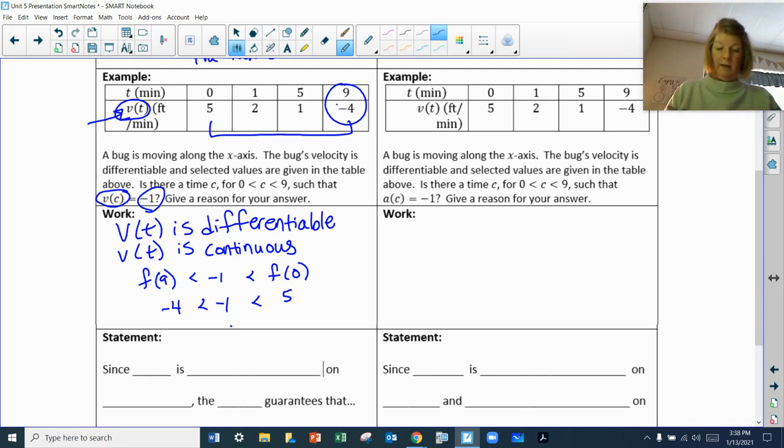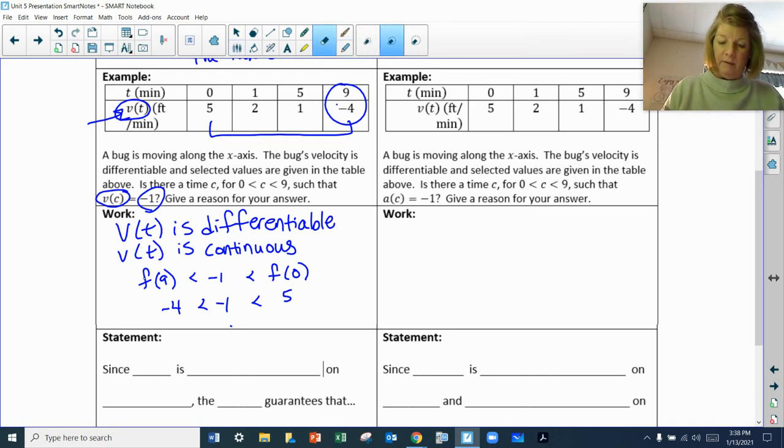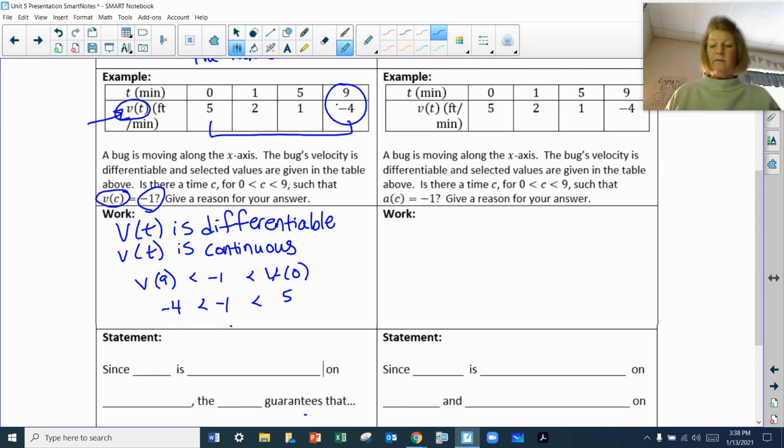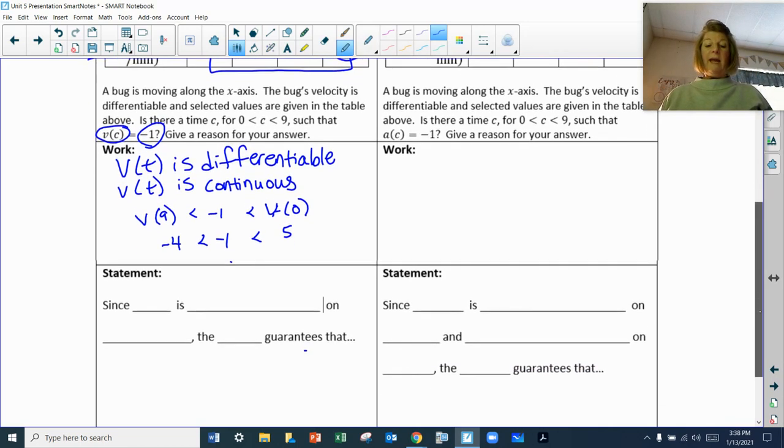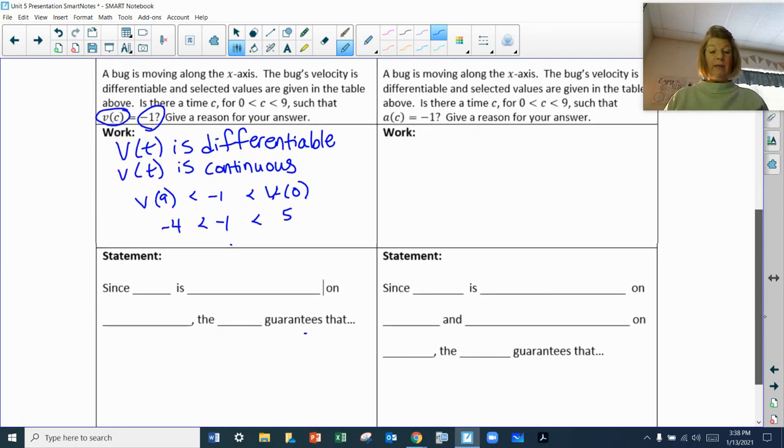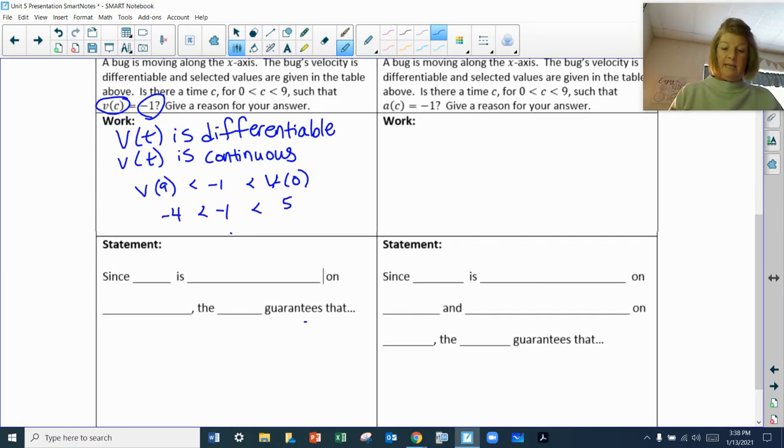Okay, and it wasn't f. Let me clear that up. It was v. So picky, aren't we? v of 9, v of 0. Good. So since we have continuity and betweenness, then we can state since v of t is continuous on 0 to 9, I think it was 0 to 9, right?